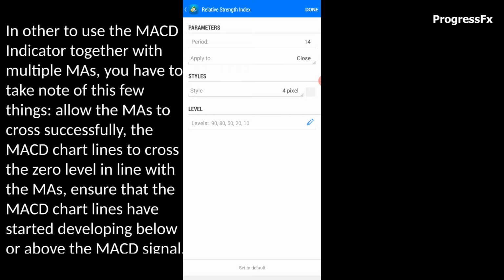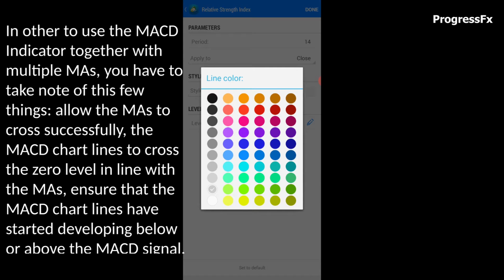Here, this is what you will do. Leave the period to 14, apply close, and under the style, where the color is, you have to leave it to either color white or any of these two, in fact, because that is the major interest.